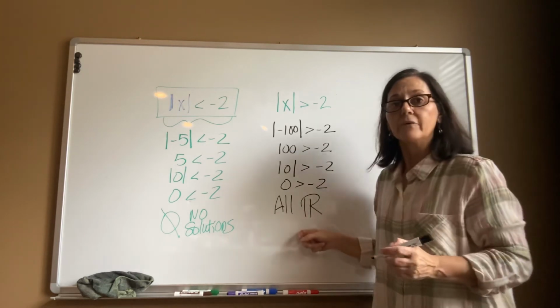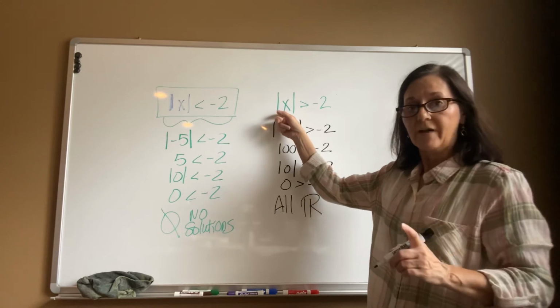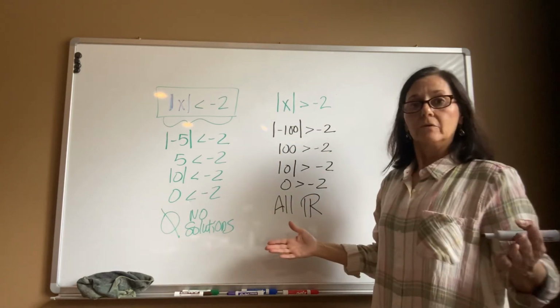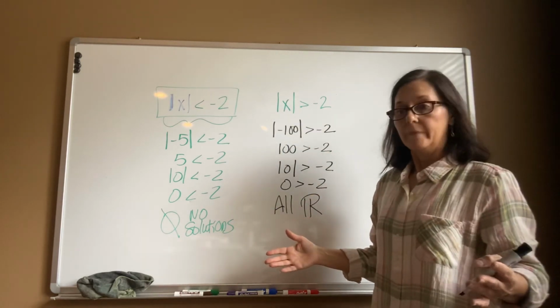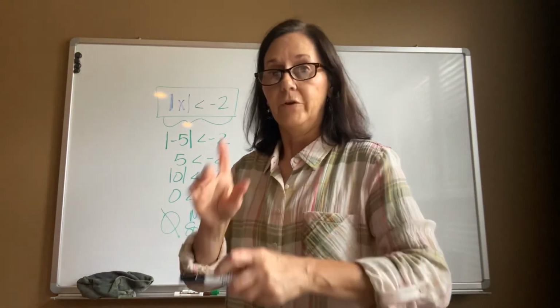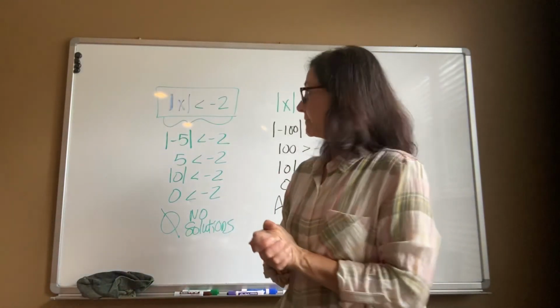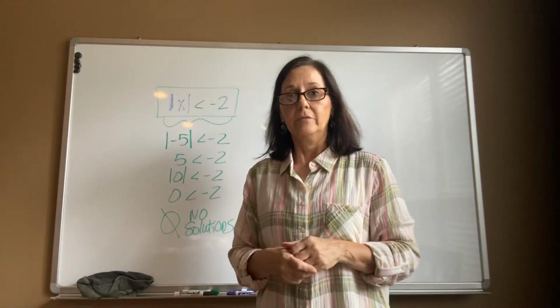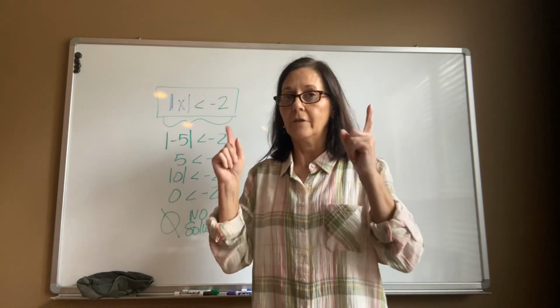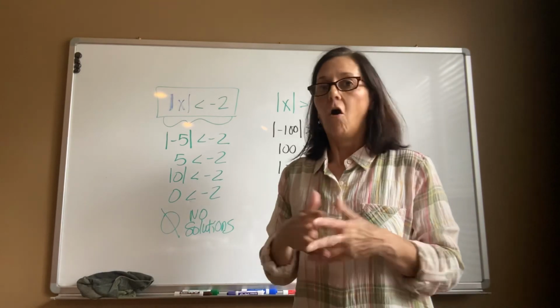For every real number that you plug in for the absolute value, this inequality will be true. Okay? So, when you come to a problem that has absolute value less than a negative number, your brain should say no solutions. Absolute value greater than a negative number, all reals.